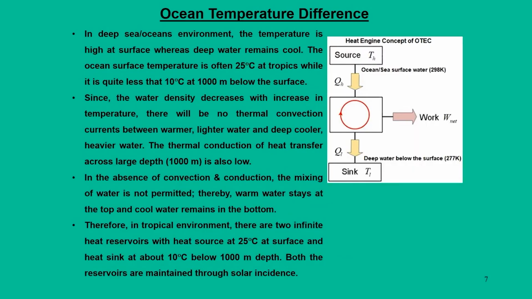Now, let us see what is the concept of ocean temperature difference. As I mentioned, if this is the ocean surface, and we are looking at a depth much below, that is y, and typically if y goes to 1000 meter, we will get a temperature difference delta T. Often the ocean surface is typically at 25 degree centigrade.